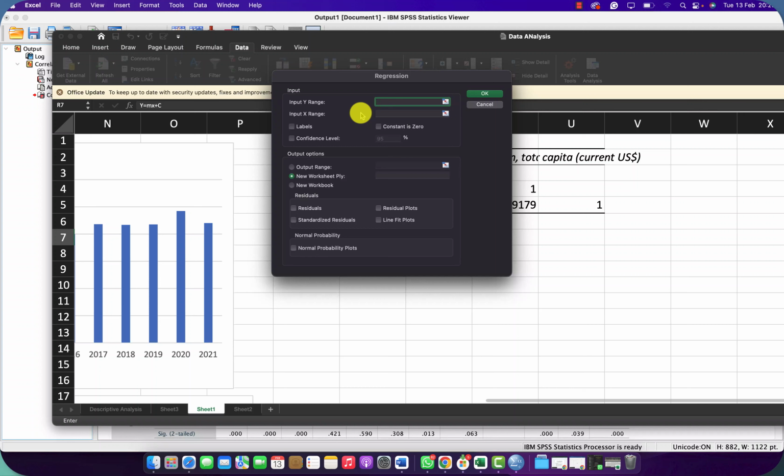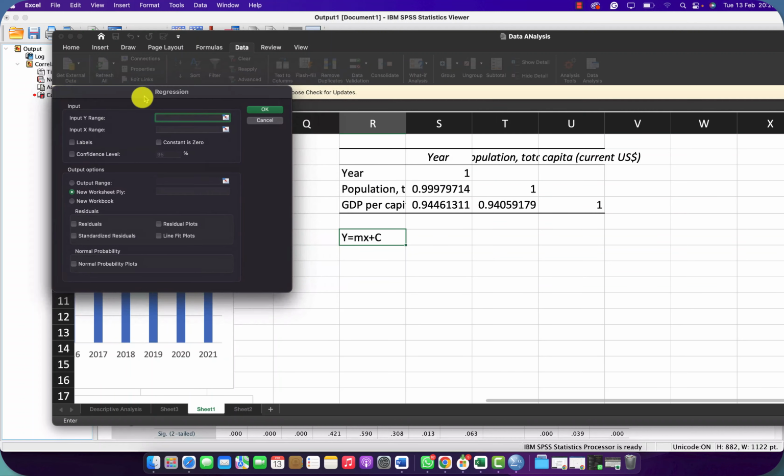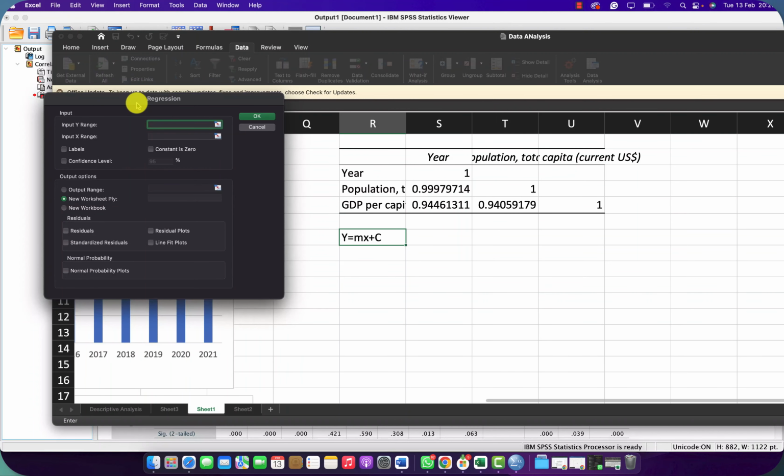The Y range is what will be your result. Which is your Y? For example, if you are checking the impact of economic barriers or hindrances on the economic performance of one country.